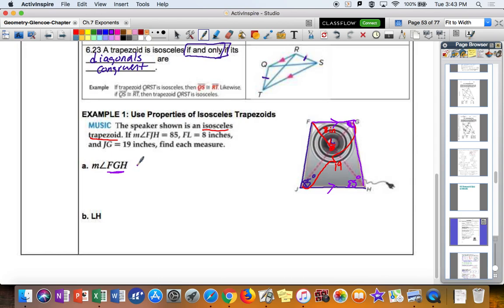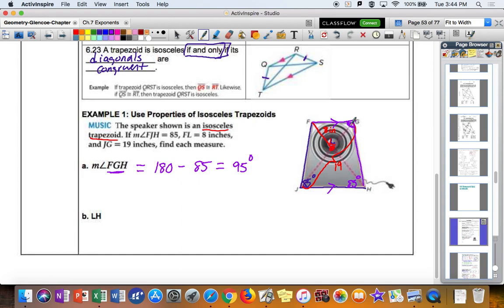So FGH is going to be equal to 180 minus 85 degrees, which would leave us with 95 degrees. So we use some of those same parallel line properties, just like we did earlier this unit with our parallelograms, but since a trapezoid has one pair of parallel sides, then we can also use that parallel line property, same side interior angles are supplementary.